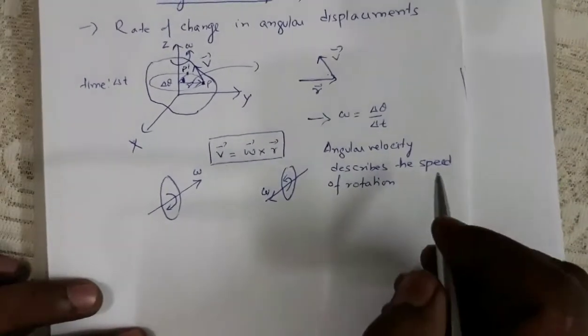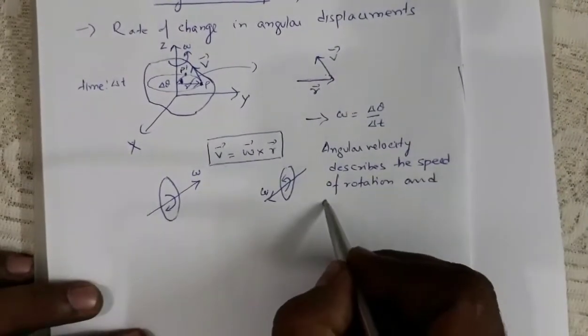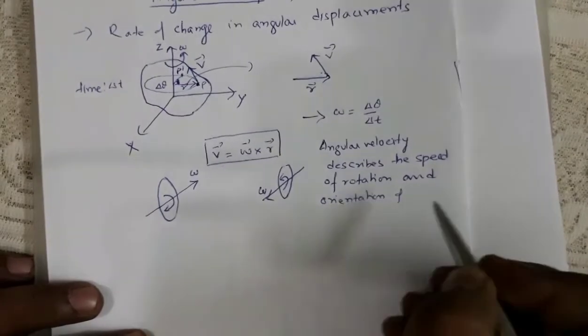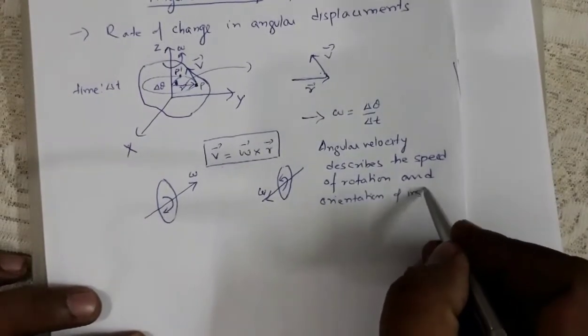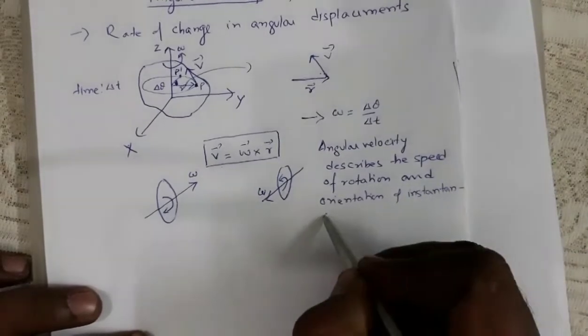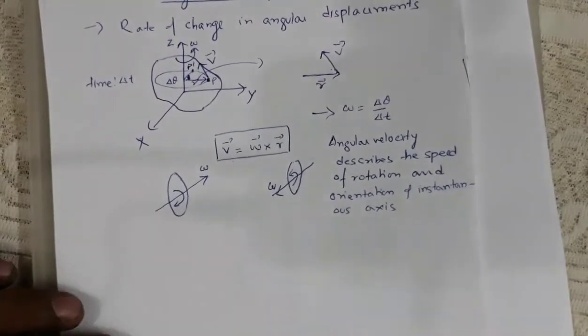So it gives the speed of rotation and the orientation of the instantaneous axis, that is, the axis of rotation.